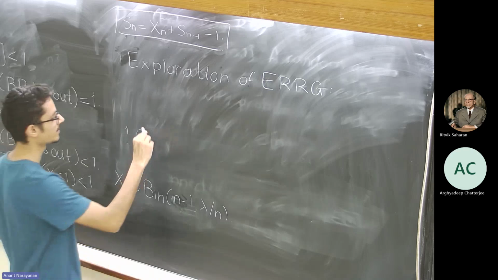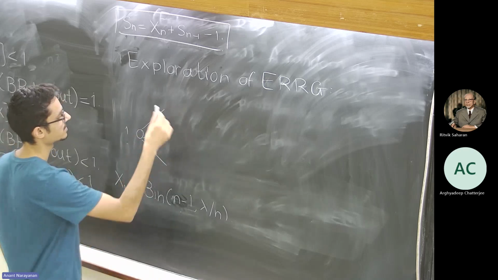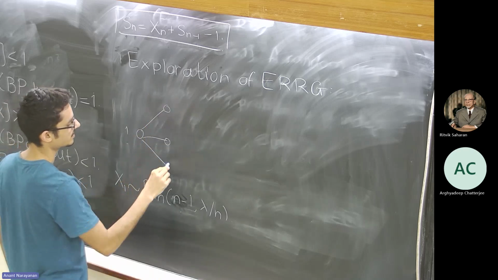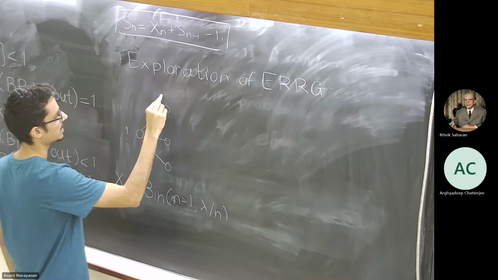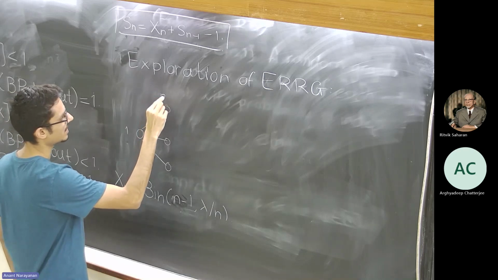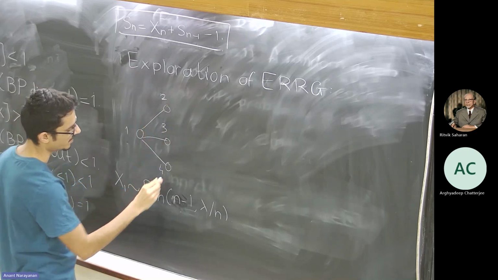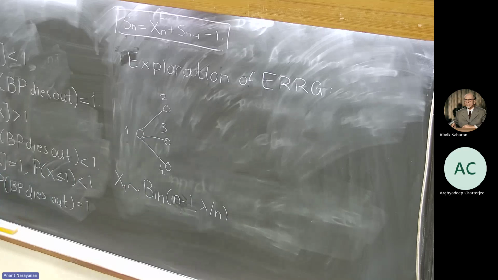This is how I start off. Let's say I have 3 children. Label them arbitrarily, since labeling is immaterial in this case.